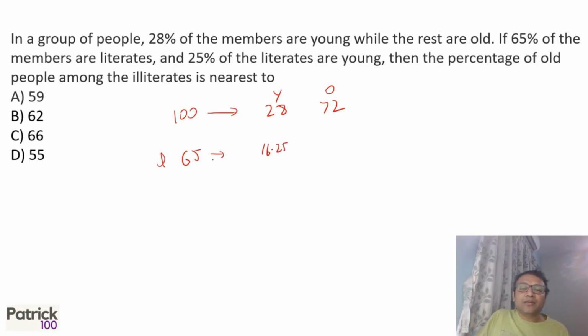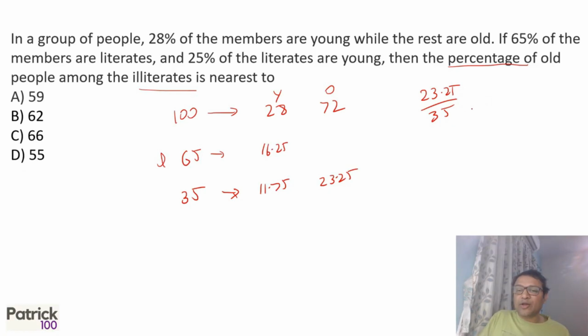So 16.25 are young. We need the percentage of old people among the illiterates. How many illiterates? 35. Young people total 28, so 28 minus 16.25 is 11.75 young illiterates. So old illiterates are remaining, which is 23.25. So we have 23.25 upon 35.